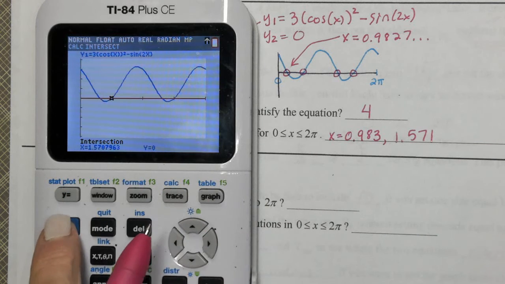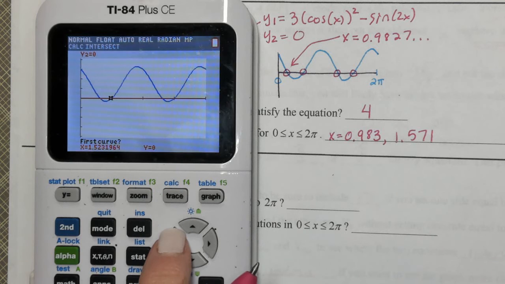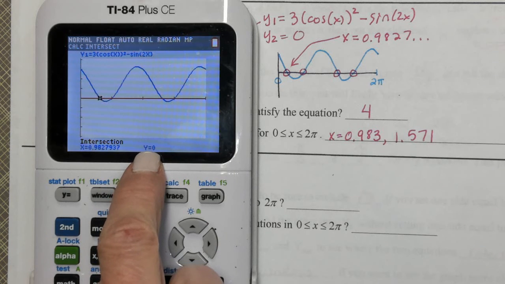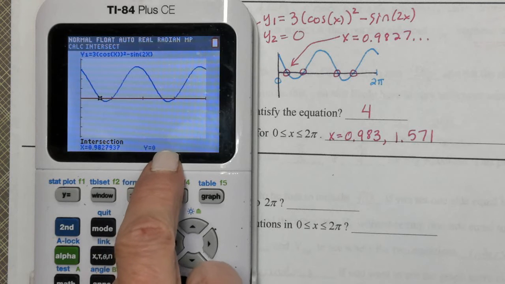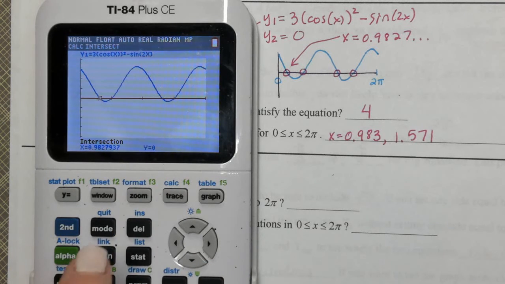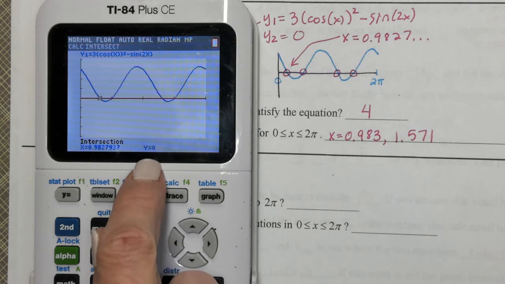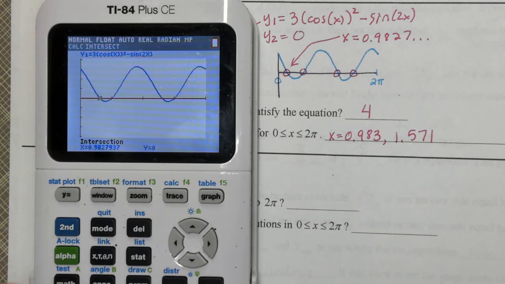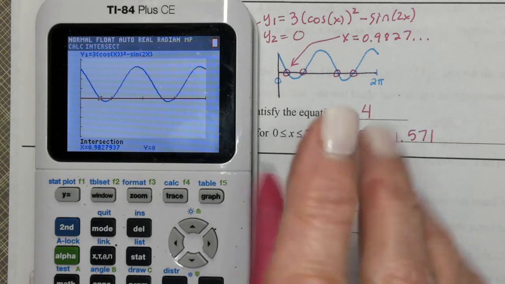I wanted to mention something here. Back on this other answer, I don't know if you remember, but last time we did it, it didn't give me exactly 0. It gave me something else. The next time I see that it does that, I want to explain something. Your calculator is using a numerical technique to find these intersections. And especially with trig functions, logs, exponentials, things like that, it's using a very, very good approximation or numerical technique.